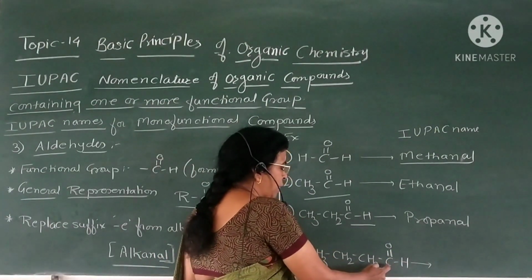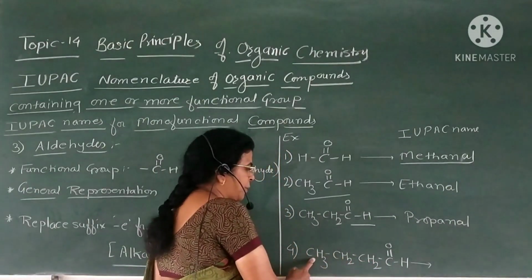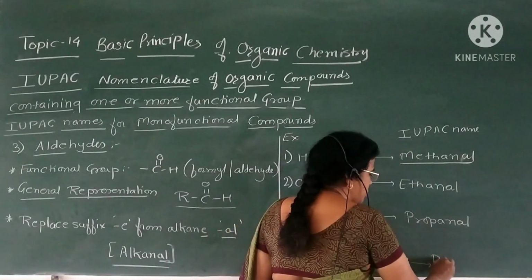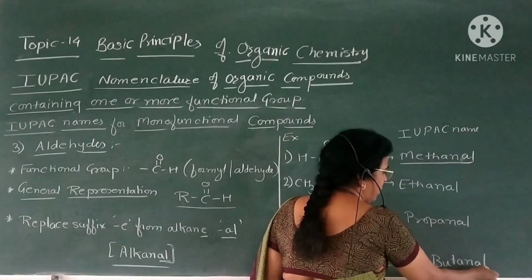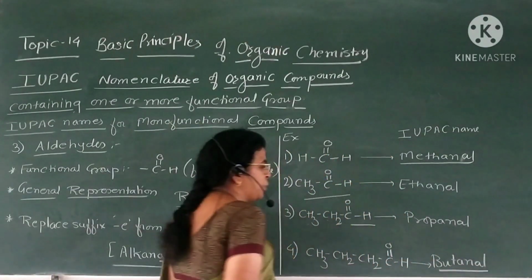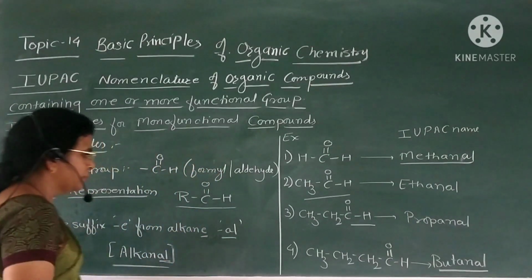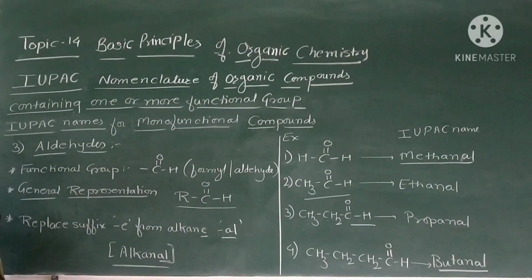Now there are 1, 2, 3, 4 carbon atoms. Therefore the parent alkane becomes butane, and replace E from butane by Al, it becomes butanal. In this way, aldehydes are named according to the IUPAC nomenclature system.